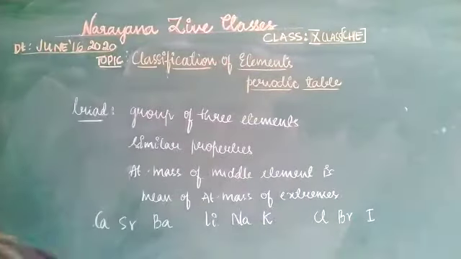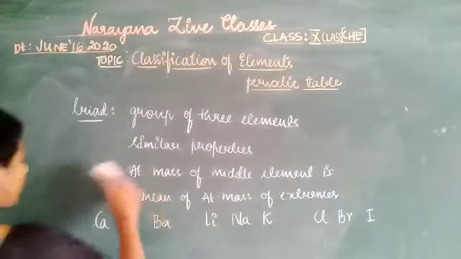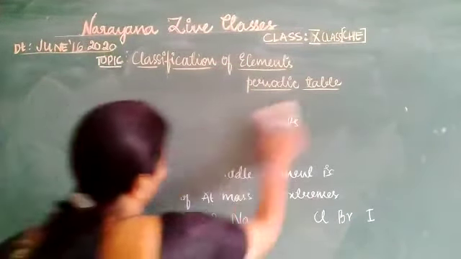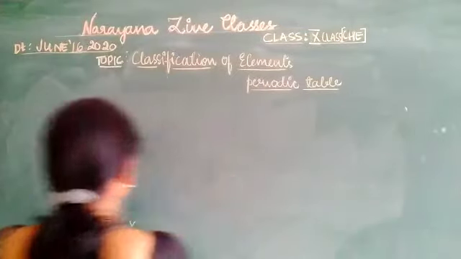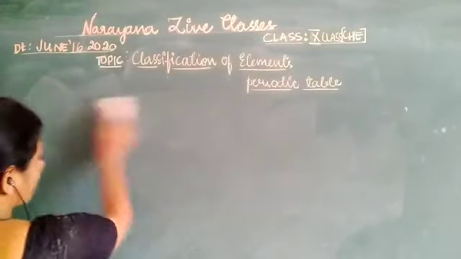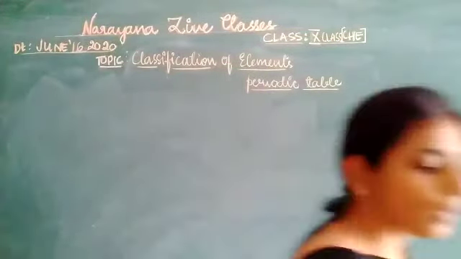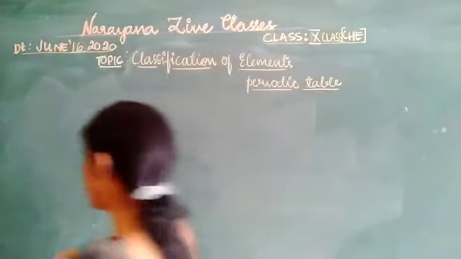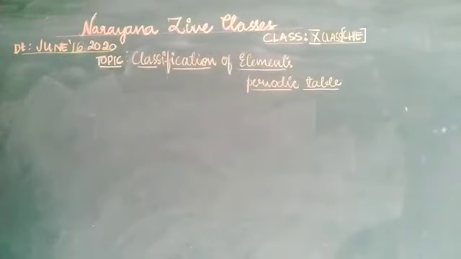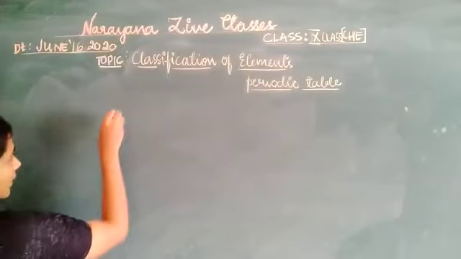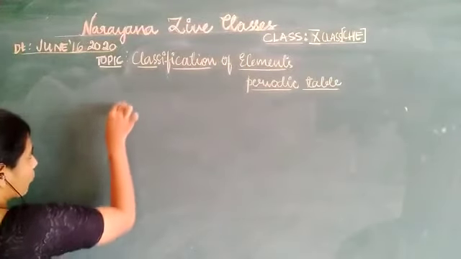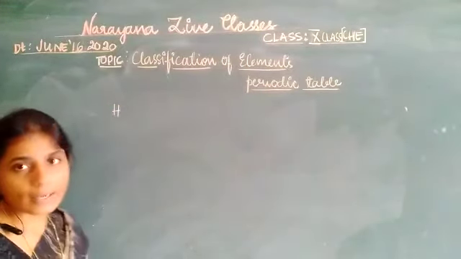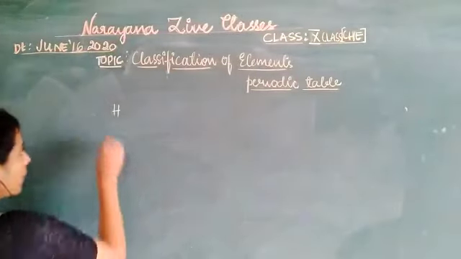The next classification was done by Newlands, and the law was called Newlands' law of octaves. According to him, he arranged the elements in the increasing order of their masses. Suppose hydrogen, helium, and noble gases were not discovered at that time.